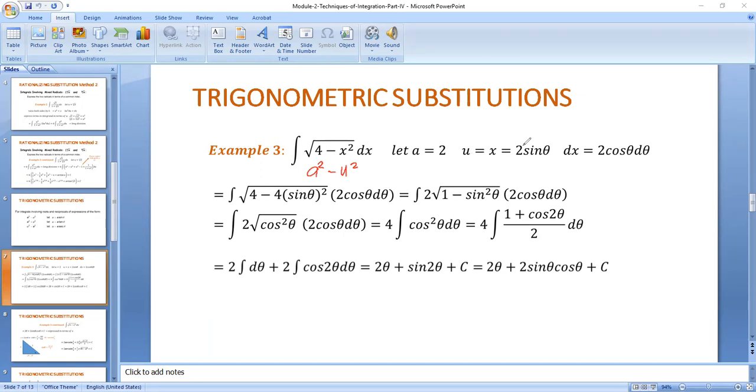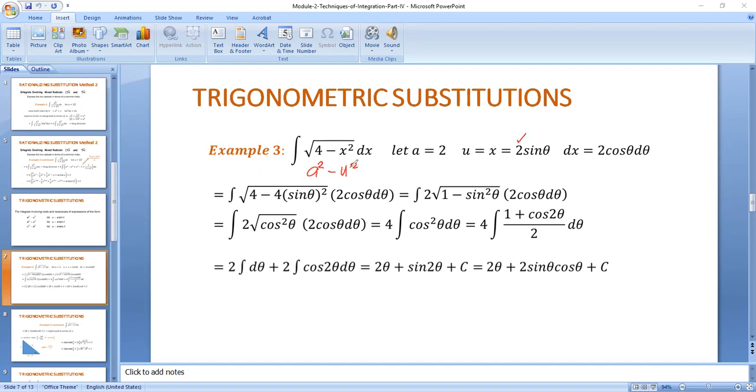In this case, a squared is 4, so a is just 2. So your u, which in this case is the x, is equal to a sine theta, a being equal to 2.